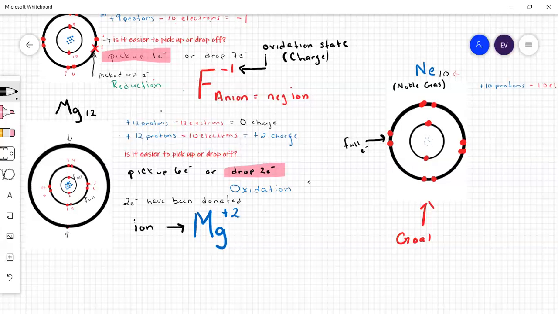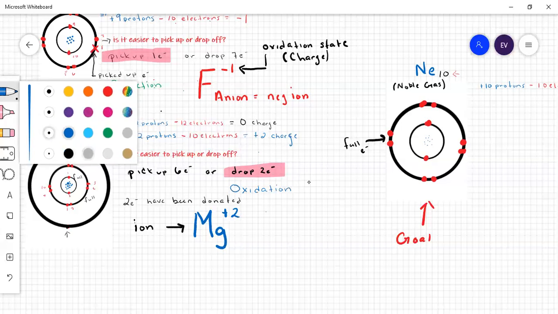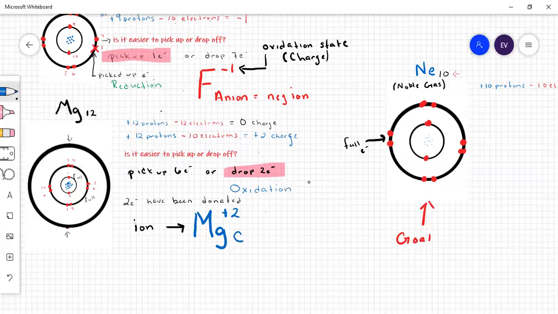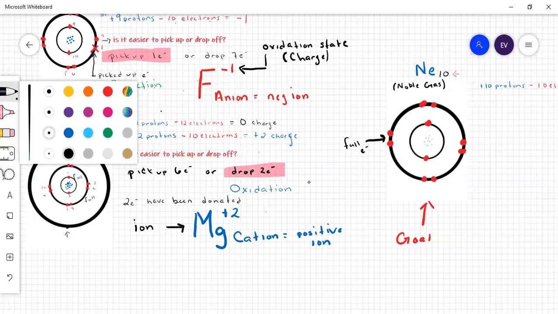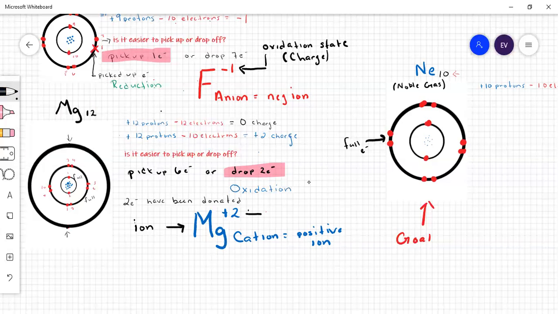Okay, now because magnesium is forming a positive ion, we call this guy a cation. And that's a positive ion. All right. This symbol here, the charge itself, just like on the other one, represents the oxidation state. And remember, the oxidation state is just a fancy way of saying charge, right?